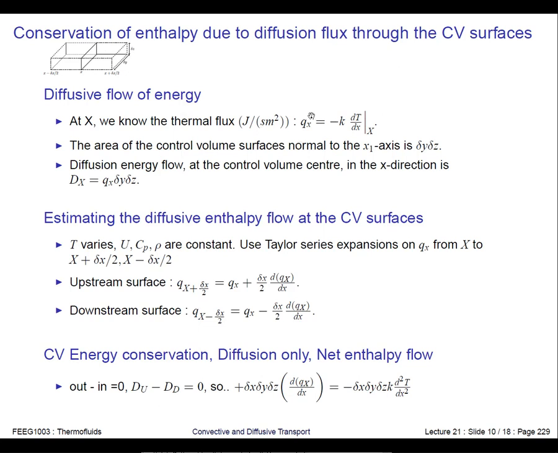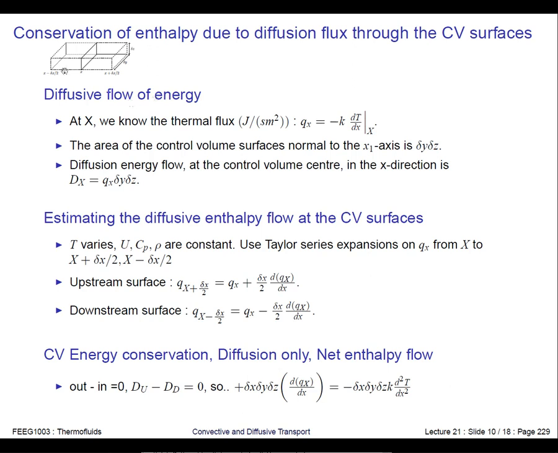That would be this. And if we wanted to work out the energy flow during diffusion, the diffusion energy flow at x would be this D at x, and that will be the flux at x multiplied by the cross-sectional area. So that's that distance plus this distance. Okay, same sort of thing as before.